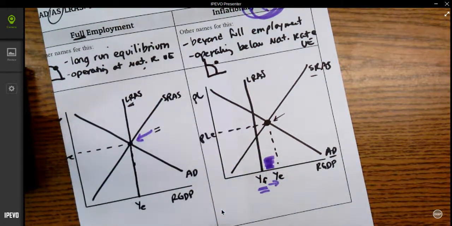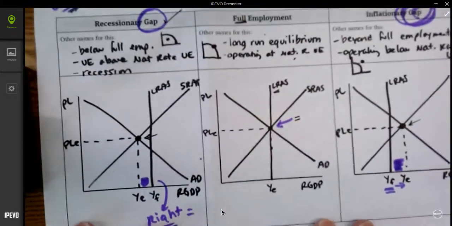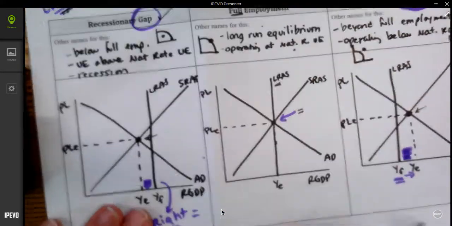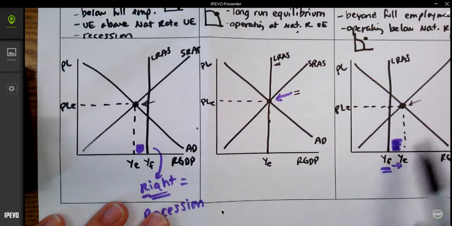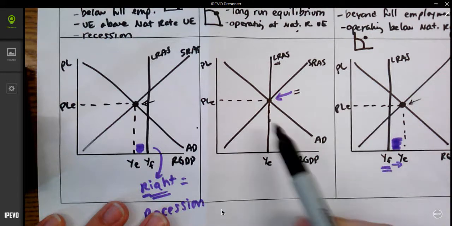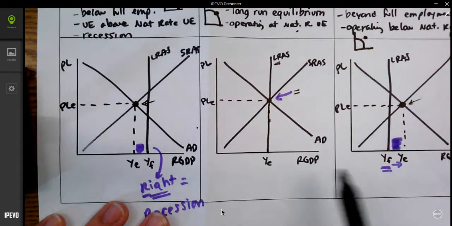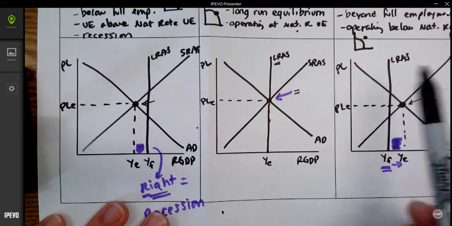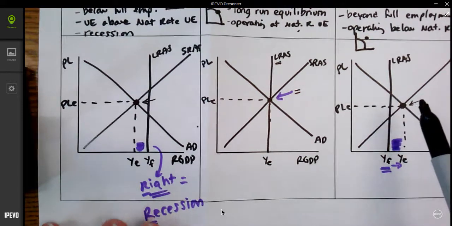All we're doing with this video is looking at the three positions you could draw on these graphs. And again, please don't worry about full employment being further down the number line than I had it over here in the middle. It doesn't matter where it is, because we're not assigning specific numbers to the x-axis. All we're doing is showing the positioning of the short run versus the long run.